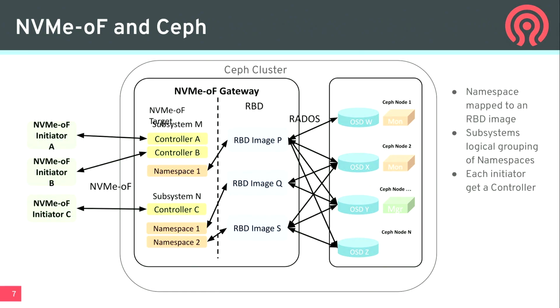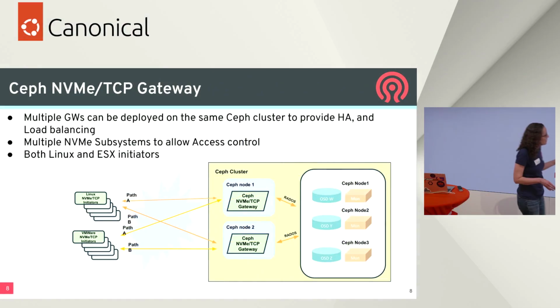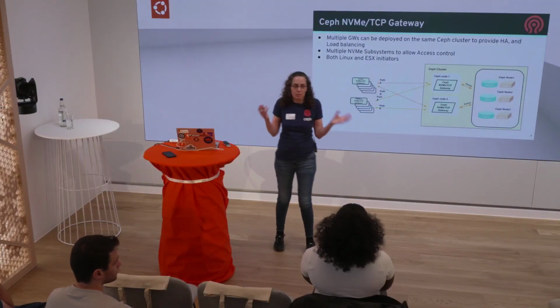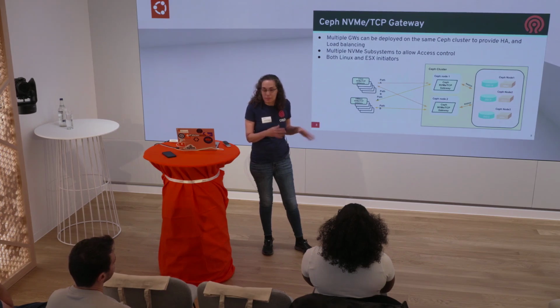We're going to support different types of initiators. Currently, we tested Linux initiators, well, Ubuntu, and ESX initiators. So how do we deploy the gateway? The gateway is a container, like every other Ceph daemon. You can run it, and we prefer to collocate it on the OSD nodes, but if you need more CPU, you can run it on a dedicated node.